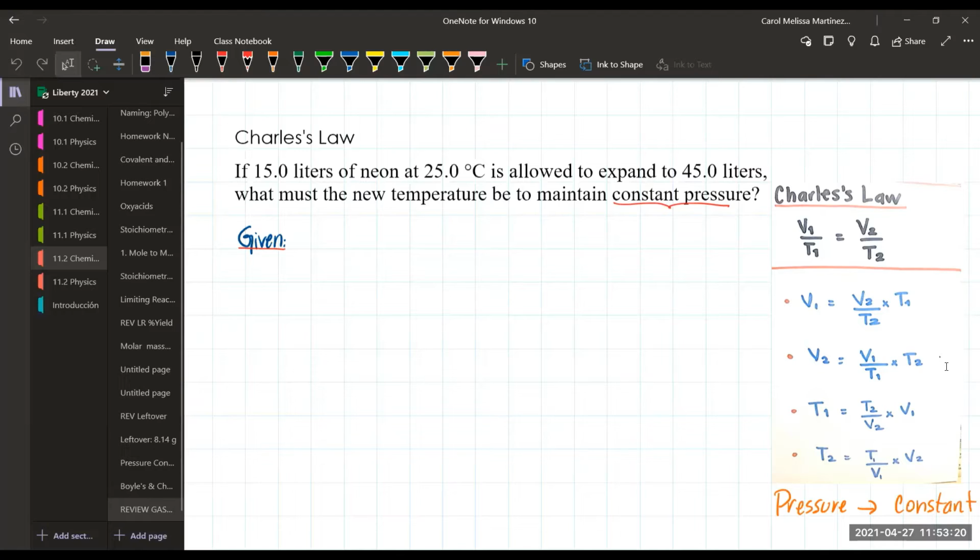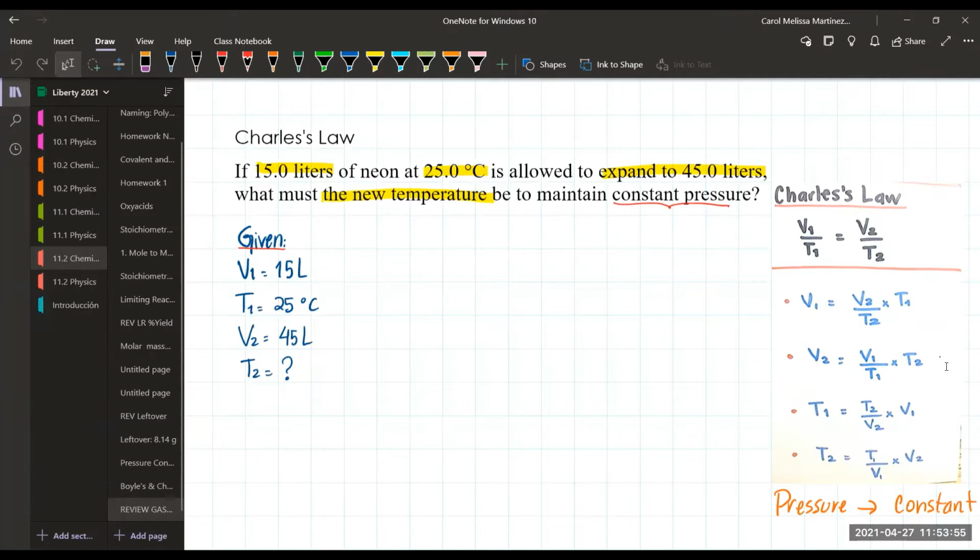Now, the givens in the word problem are 15 liters at 25 Celsius, and then it expands to 45 liters, and they're asking me to find the new temperature. Okay, so we have the initial volume of 15 liters, the initial temperature, that is 25 Celsius, the final volume, that is 45 liters, and we need to find the final temperature.